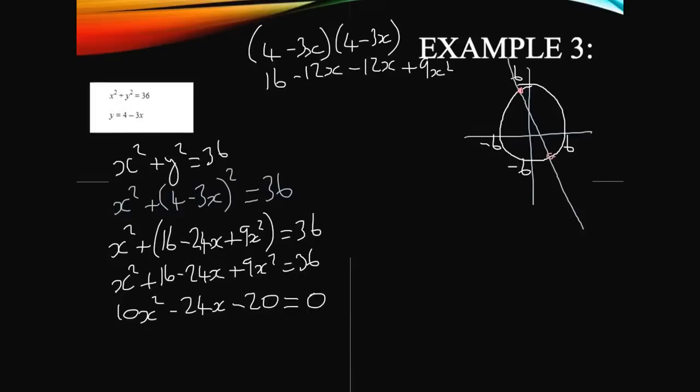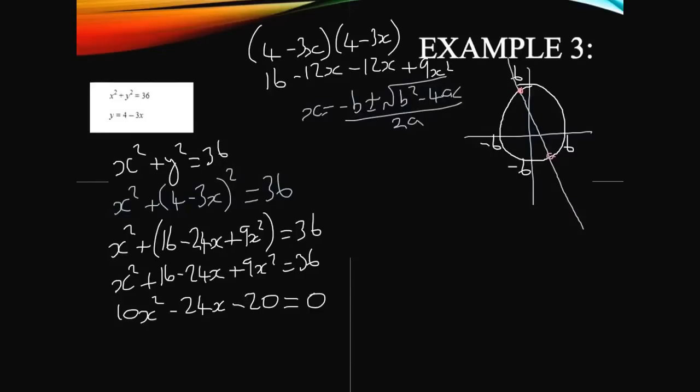Now the question, I didn't actually write it on here, but the question did say leave your answer to a couple of decimal places. So what we can do is use the quadratic formula. Remember the quadratic formula given in the exam, it says that x equals minus b plus or minus the square root of b squared minus 4ac all over 2a.